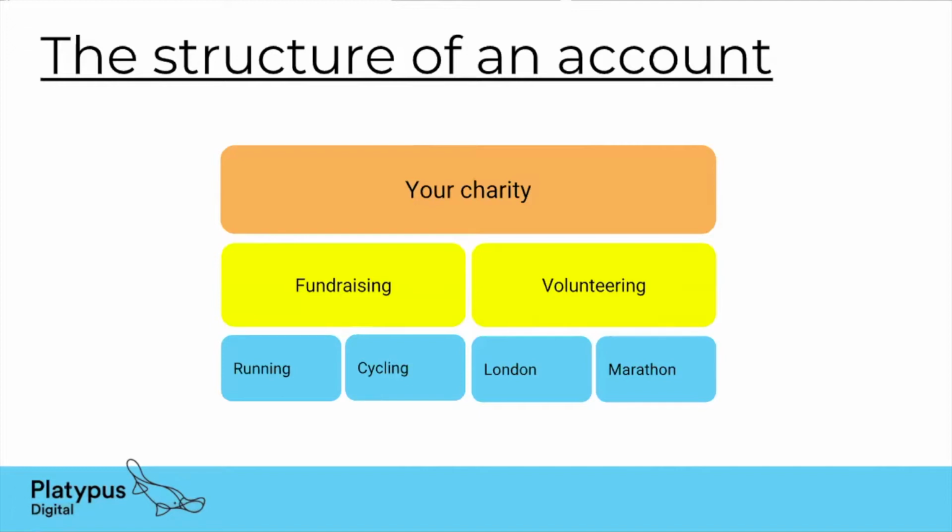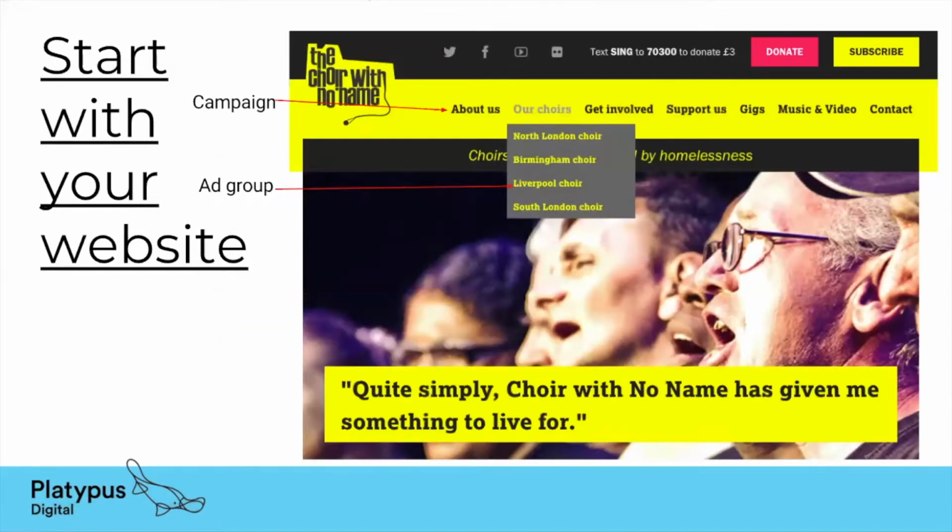You've got running events, you might have cycling events, then you have another one for volunteering, and within that you might have London volunteering, or volunteering at the marathon. This shows you that you need to divide up your account into different campaigns and ad groups, and that's going to be a really useful way to organize your account.